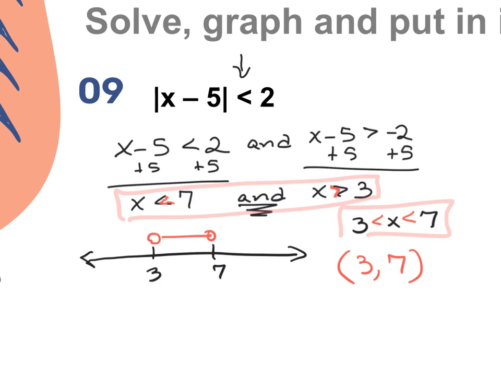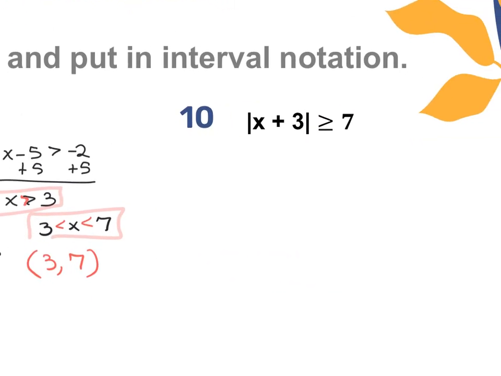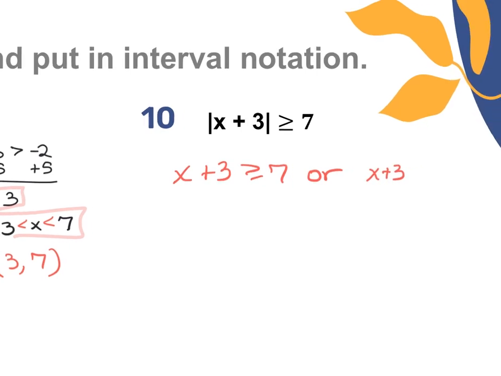For number 10, this one's a greater or equal to, so we're going to do an or here. So drop the bars, put in the word or, flip the symbol and make it negative for the second problem.